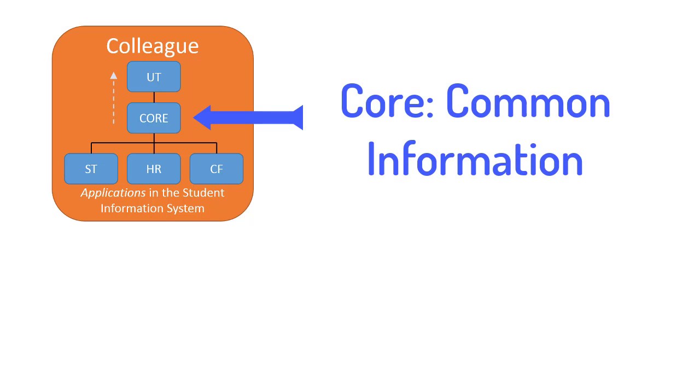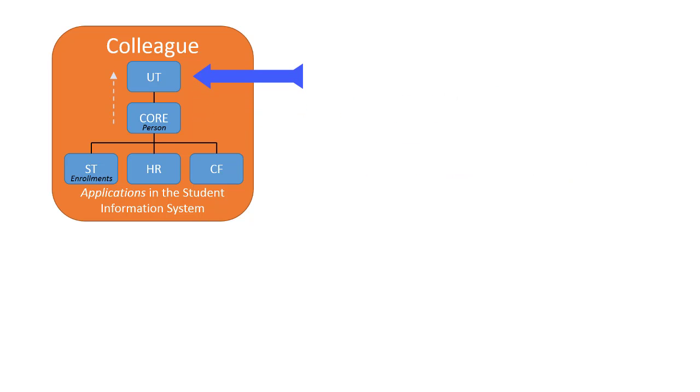Above these and connected to all is the Core application. It contains information that spans the whole system, such as the person table, personal data on faculty, students, and staff. The Utilities, UT, is the highest level of the tree, and it manages the processes within the system.